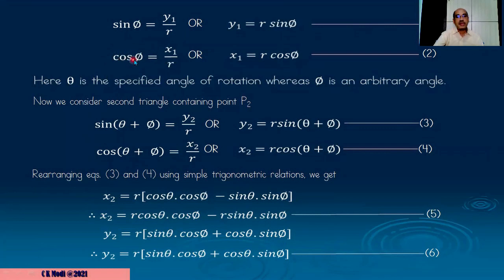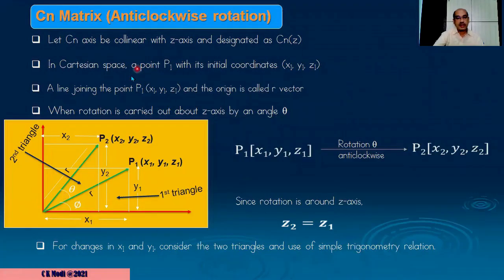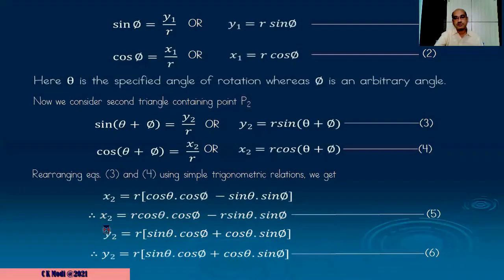Now, what is the value of cos phi? Cos phi is equal to x1 upon r. Right now I am discussing the first triangle, using simple trigonometry relations: sine phi is equal to y1 upon r and cos phi is equal to x1 upon r.